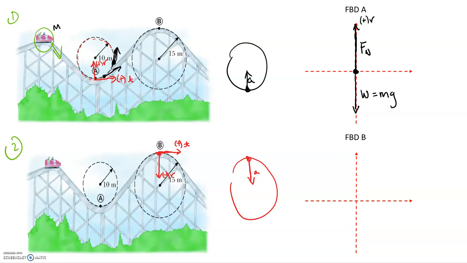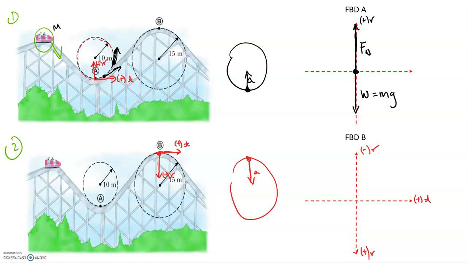So we need to have a net acceleration that's pointed inwards in the positive R direction. So coming over to our free body diagram, upwards this time is now negative R, and downwards is positive R. And to the right is still staying the same as positive T.